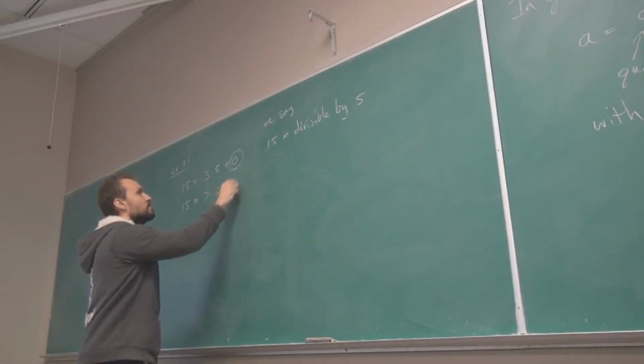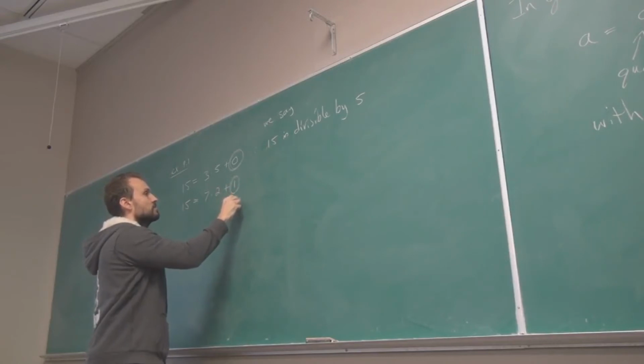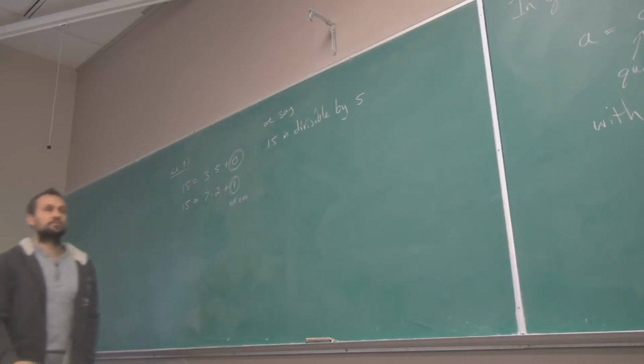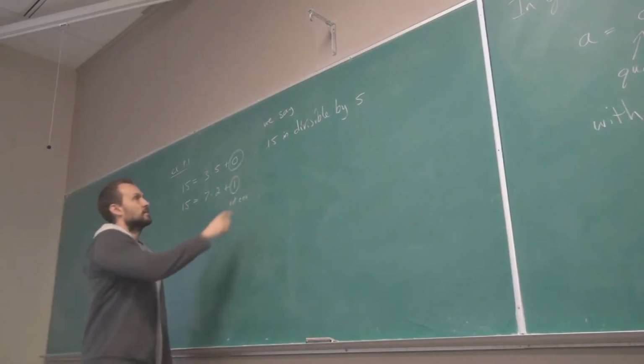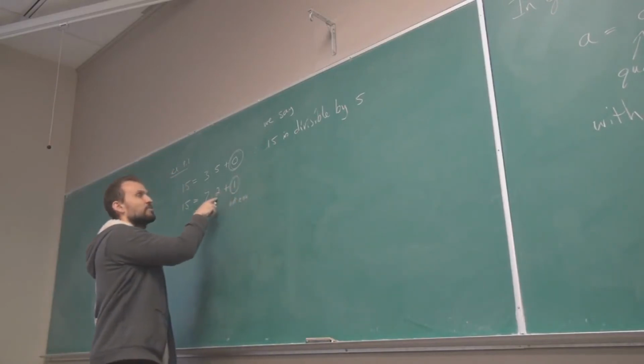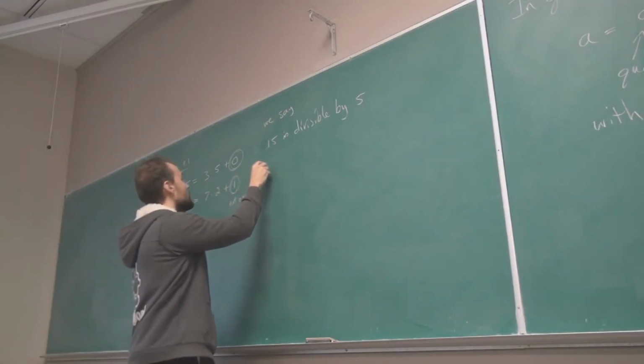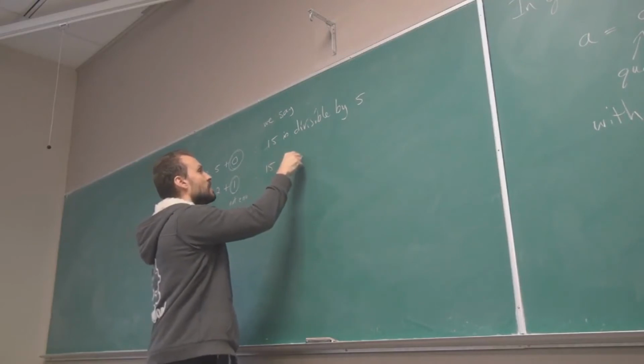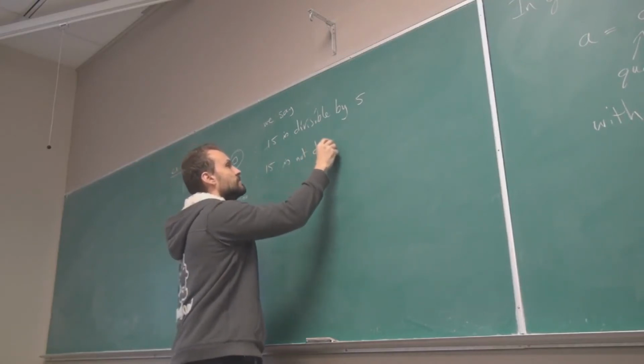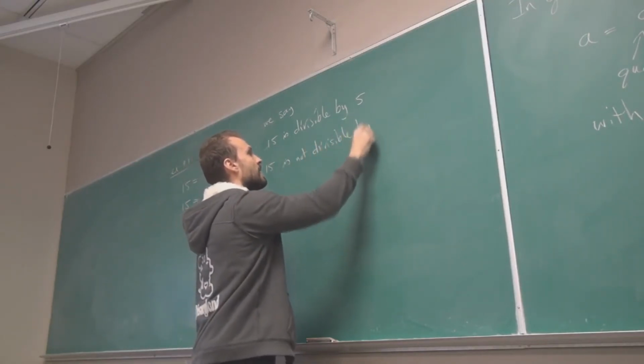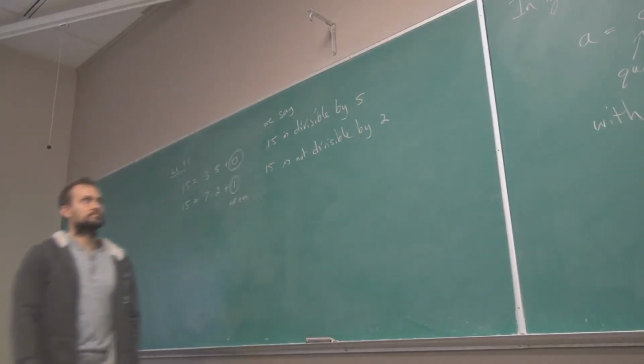In the case where the remainder is not 0, anything other than 0, I don't care if it's big or small. In this case, it could have only been 1, but not in general. We say 15 is not divisible by the divisor 2.